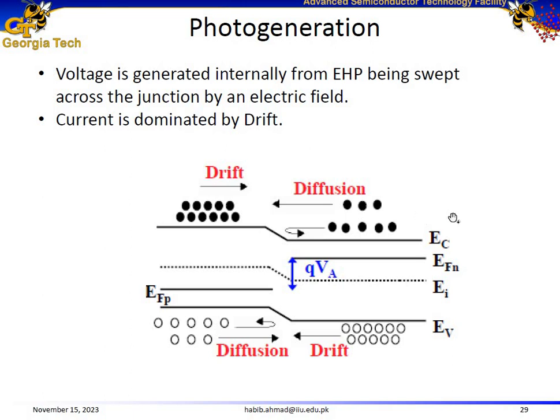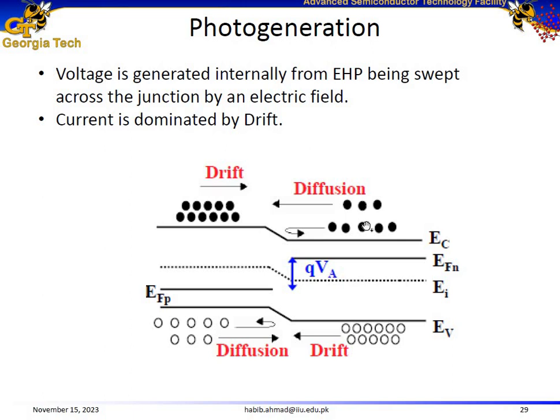Negative charges on the right, positive charges on the left, so it is kind of forward bias. This voltage is accommodated across the depletion region, so it is going to reduce this barrier. When it reduces the barrier, we also give a chance to the electrons to flow across the barrier because of diffusion.